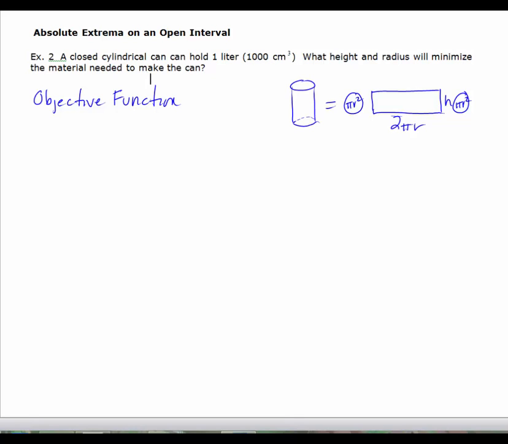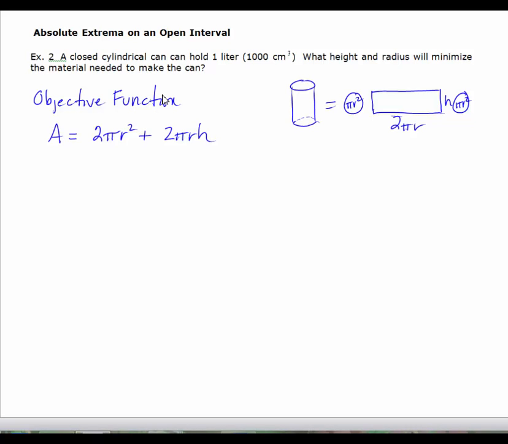So in order to come up with a formula for my objective function, the surface area, or area, will equal 2 of the pi r squareds, because we have a top and a bottom, plus the area of the rectangular portion, which would be 2 pi r h. And we want to minimize this.